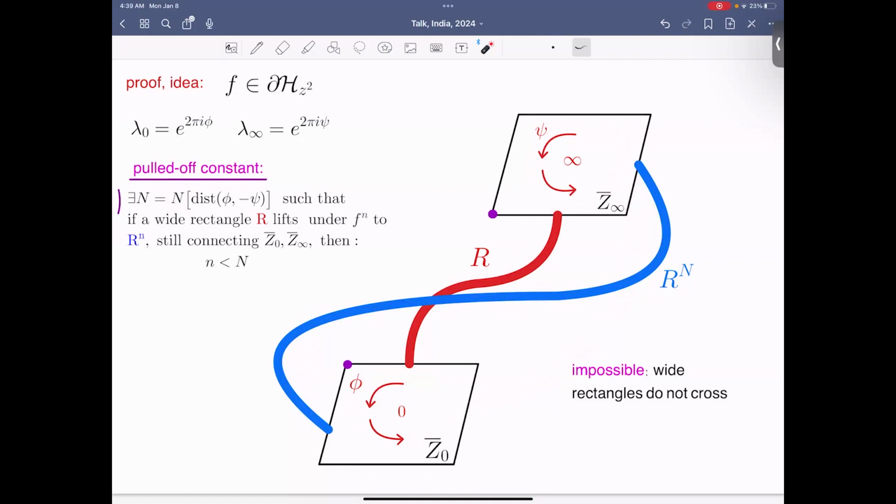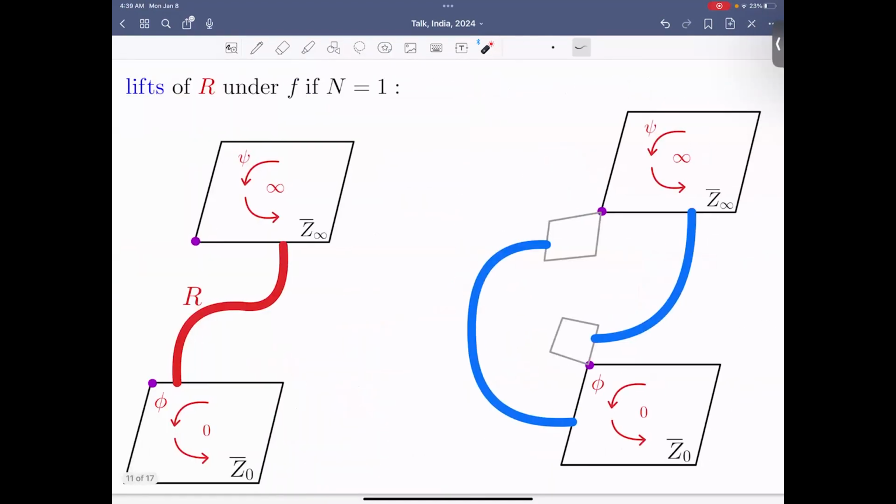So this is where the condition on the combinatorial distance comes in. In particular, if the pull-back constant is equal to 1, then this should be a configuration of lifts of R under just one iteration. There will be two pre-images, and one of them is this one, and another is like this.